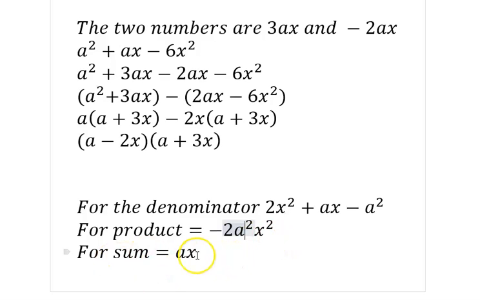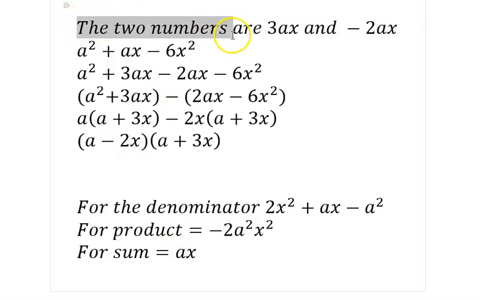Our sum is ax. That means we are going to look for two numbers such that if we times them, the product will give us this. But if you add them, the sum will give us this, like we did earlier on. So let's see.